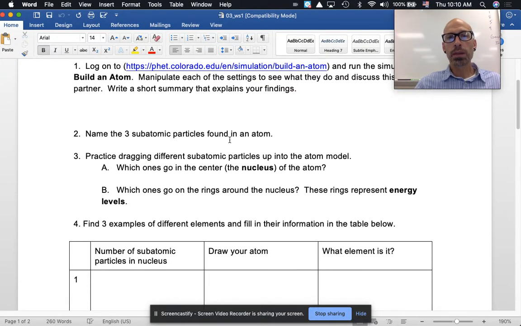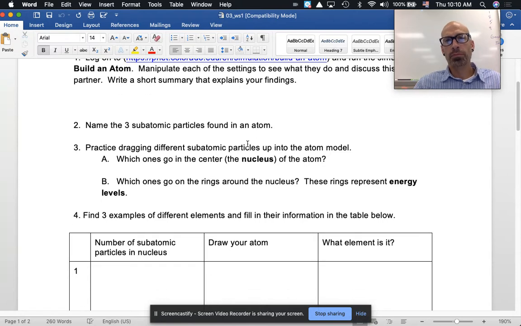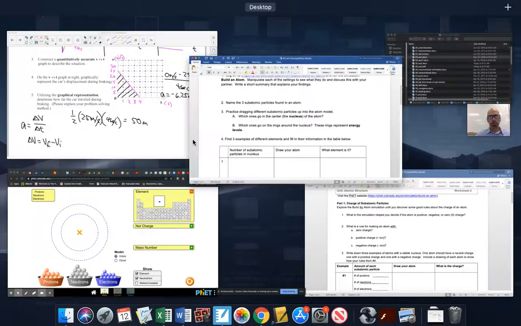So, name the 3 subatomic particles found in an atom. Well, what are those? I had a lot of questions about what that even means. Okay, sub means below. Atomic obviously means the atom. So below the atom, in other words, things that are smaller than an atom.